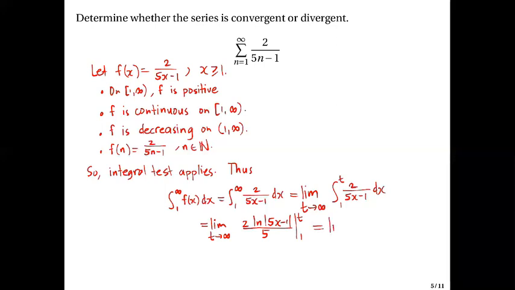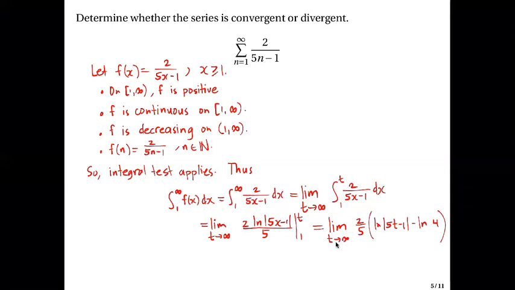And this is equal to the limit as t approaches infinity of 2 over 5 quantity: at t, you have ln absolute value of 5t minus 1, minus at 1, you have ln of 5 minus 1, which is 4. Okay?